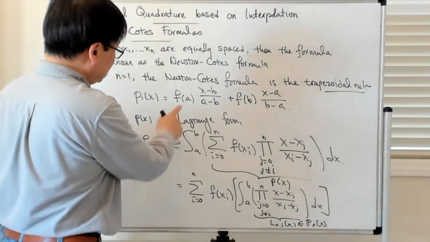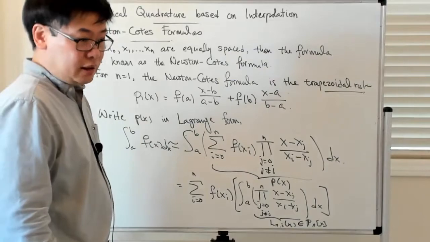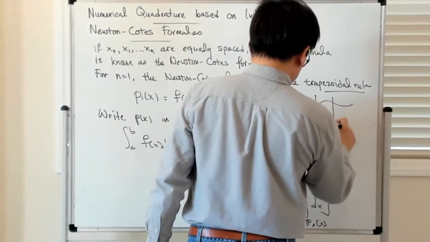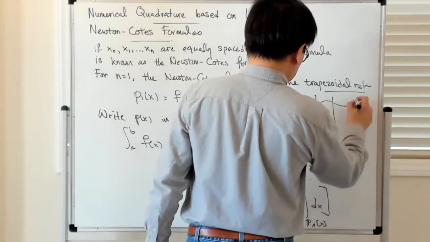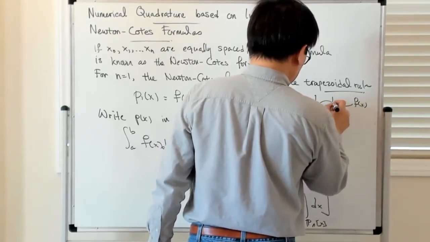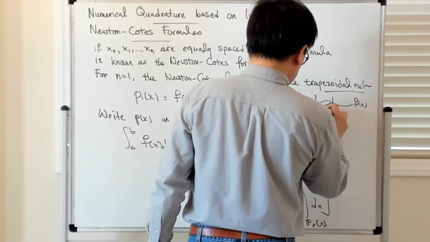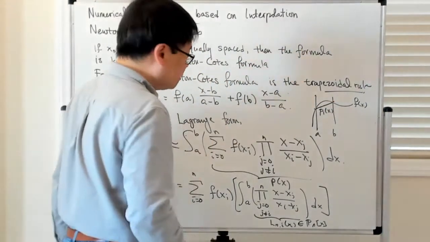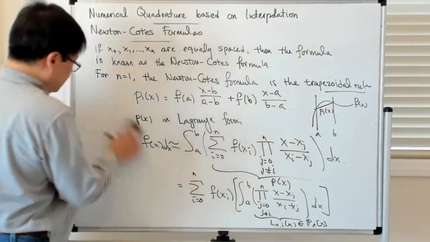So this is the first order linear interpolating polynomial. If you have a and b, and this is f of x, then p1 of x is exactly this expression here.